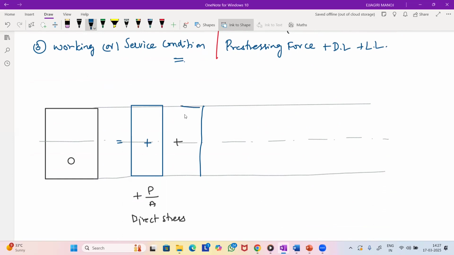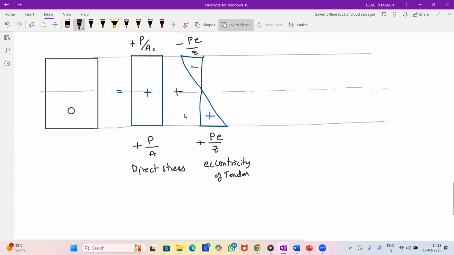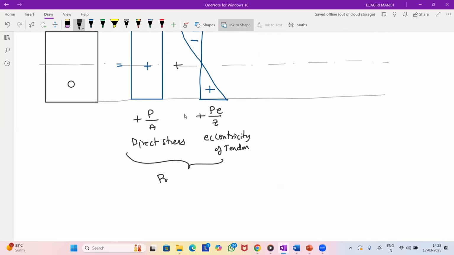Draw an inclined line joining these two corners and changing the sign at the center. So this is negative and this is positive. The formula we know: here it is plus PE by Z, here it is minus PE by Z, and this is plus P by area of concrete. This is due to eccentricity of the tendon, and these two stresses are due to the pre-stressing force.